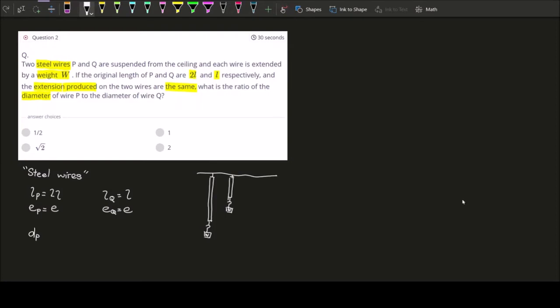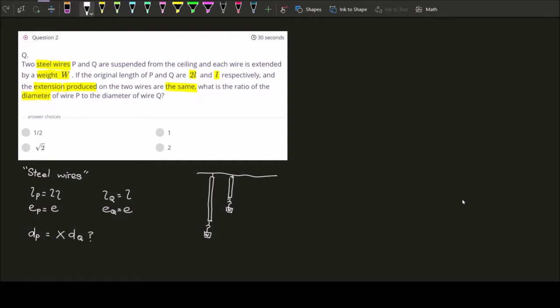They ask you to compare diameter P is equal to what of diameter Q. So this is how we are going to process the question.